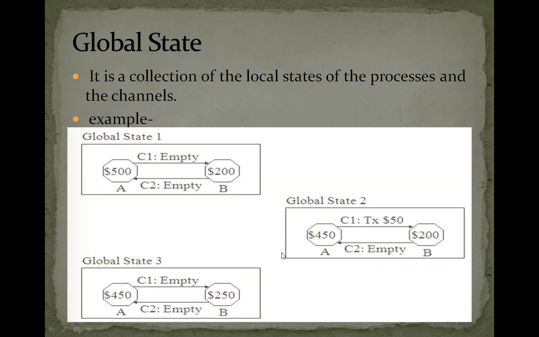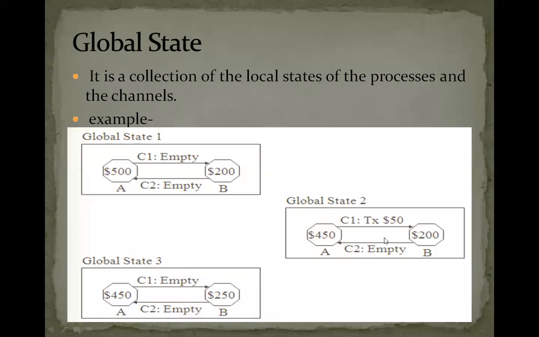Then what will happen? When we composite all the states which were recorded, it should show that A's balance is rupees 500 and B's account is rupees 200, and a message in transit of $50. So you can say that this is an extra amount which is appearing in the global state.